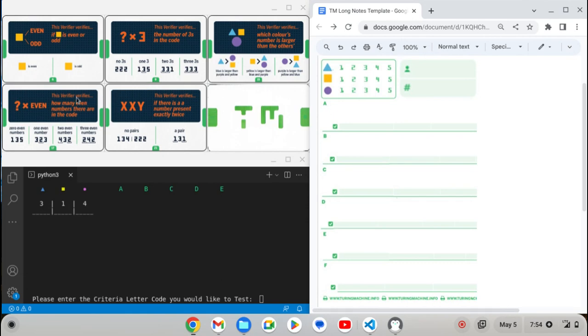Criteria D counts the number of even digits in our code. Is there 0, 1, 2, or are they all even? And lastly, criteria E lets us determine whether there is a pair or a duplicate digit in our code, as in the example 131, it's the one that's paired up.